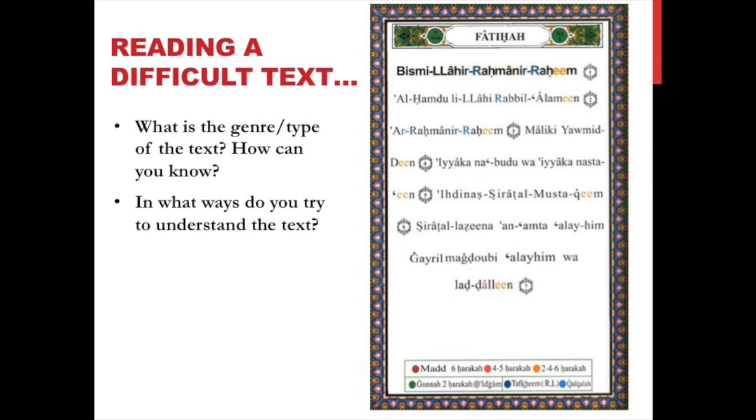So, as you can see from the layout of the text, you can tell it's very formal or has a specific structure, right? The first word, Fatiha, shows that it's probably the title or the theme of this overall text. And then you started to read, even if you don't understand it, "Bismillah Rahmanir Rahim.